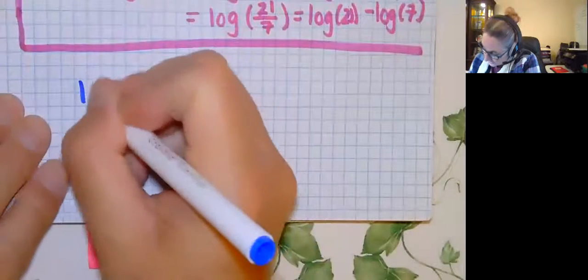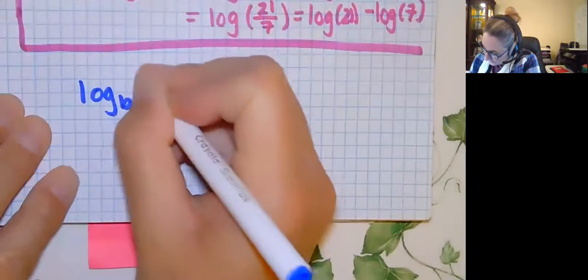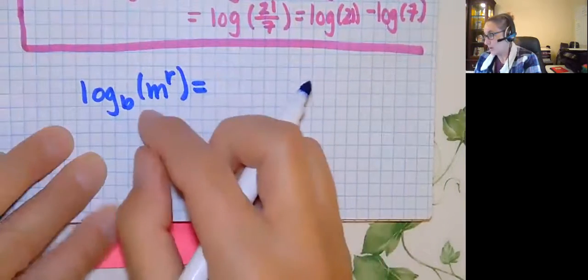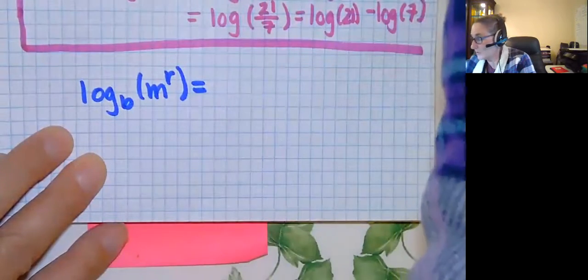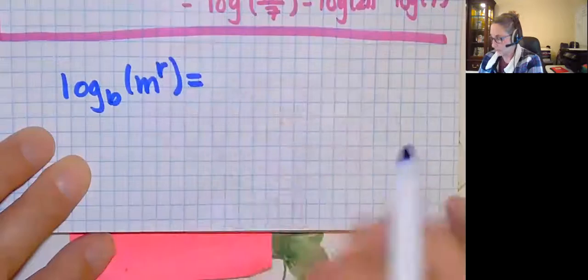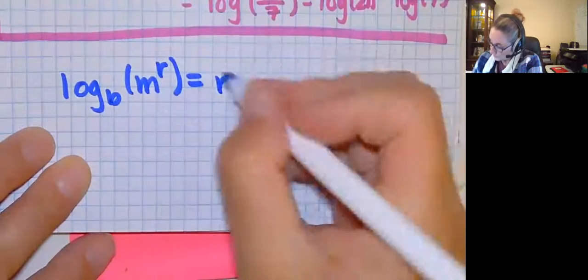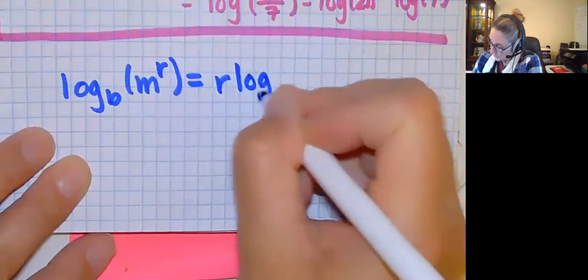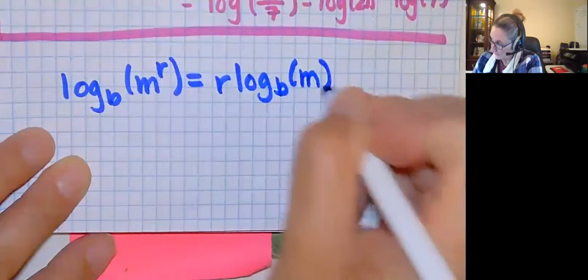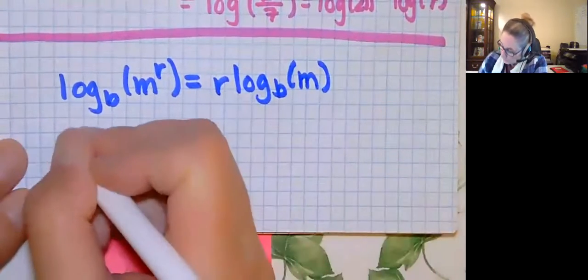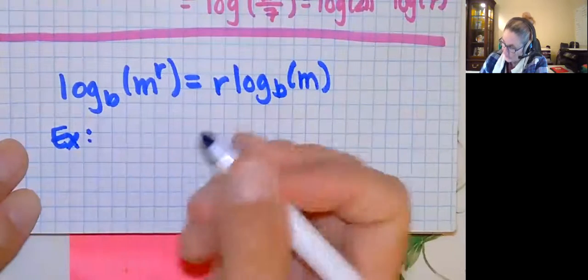So if I have log base b of, let's say, m to the r, where r is my exponent that I'm raising m by, this r is going to move in front and it's going to multiply with log base b of m.